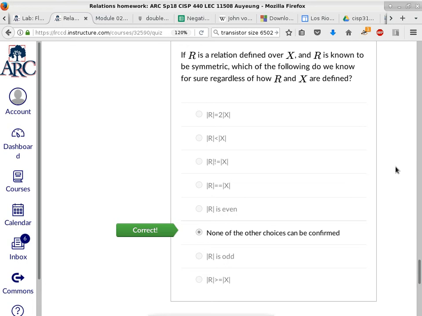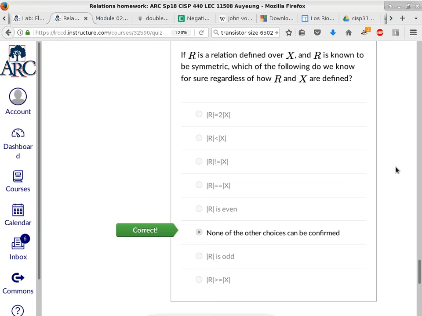Does anyone want to add to that? Because my thinking process may not be the same as yours, but it doesn't mean that mine is the only way to do it. Yeah, go ahead. I'm not sure if I caught this. When you said that the set is empty, R is also empty. Yes, because if X is an empty set, then there's no way you can define R to be anything other than the empty set.